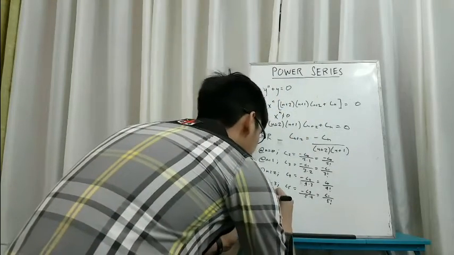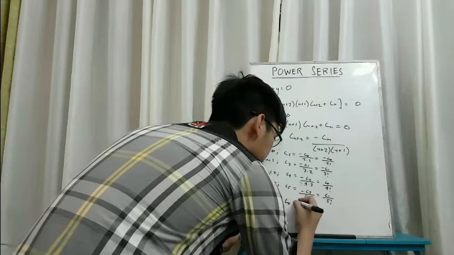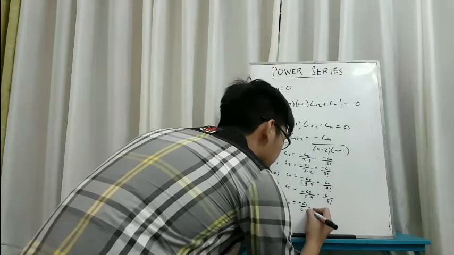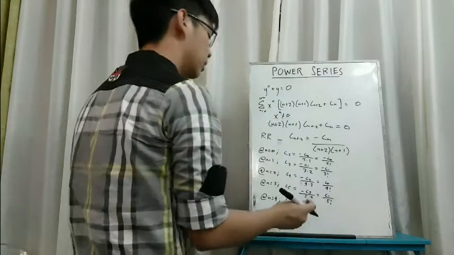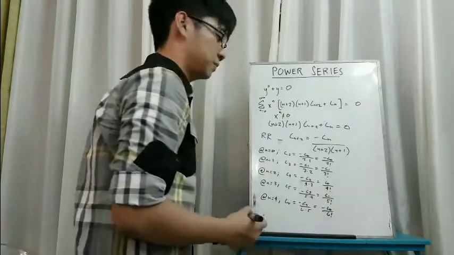At n is equal to 4, C6 is equal to negative C4 over 6 times 5. Plugging this in here would give us negative C0 over 6 factorial.